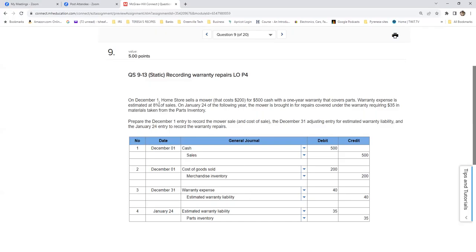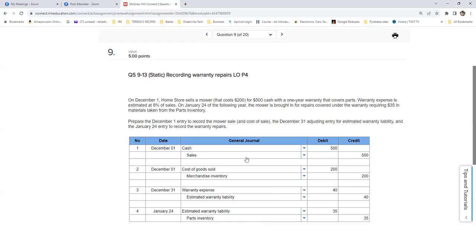So we multiply 8% times the $500. That's going to be a debit to warranty expense and a credit to estimated warranty liability. Next, when it comes in for repair on January 24th, we're going to do a debit to estimated warranty liability, and a credit to parts inventory.